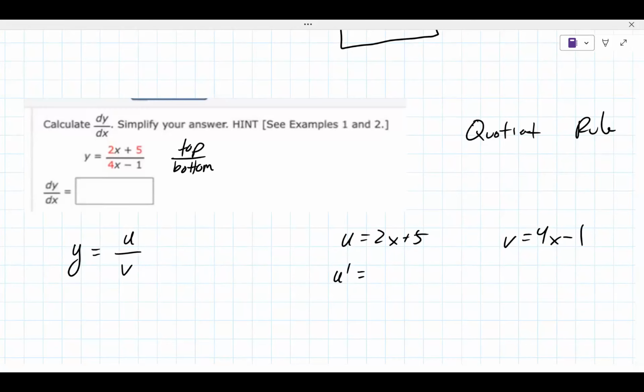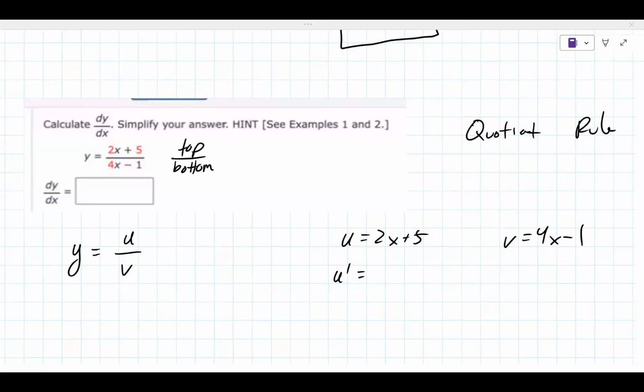What is the derivative of u? Can you give me the derivative of 2x plus 5 based on what we've been doing so far today? The first one is the derivative of a constant times x. Let me grab that reference sheet again.